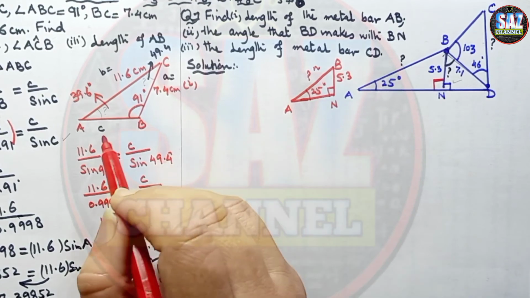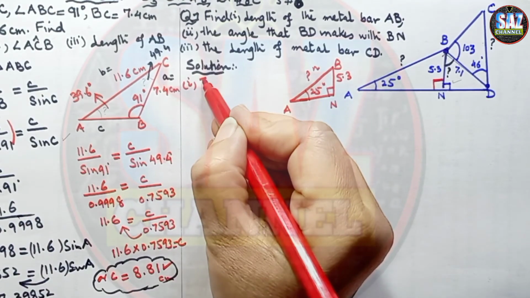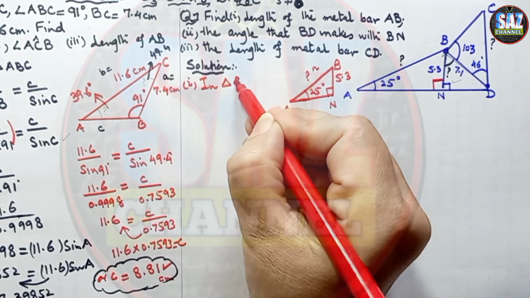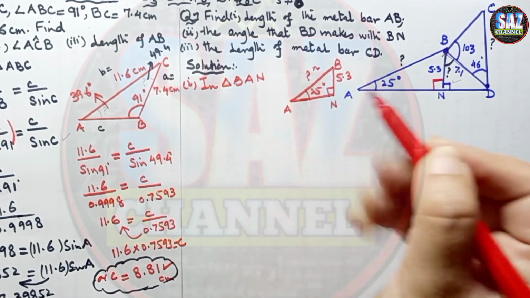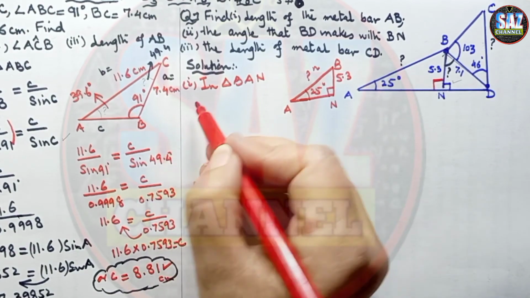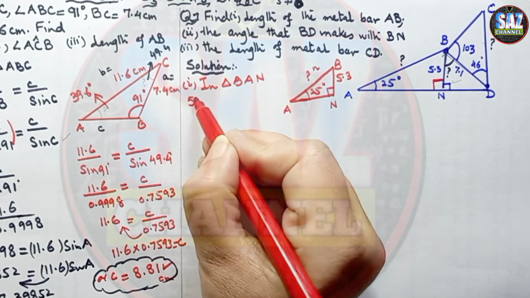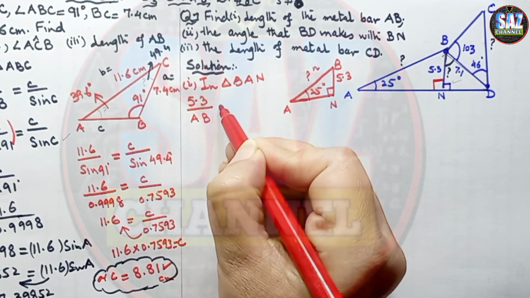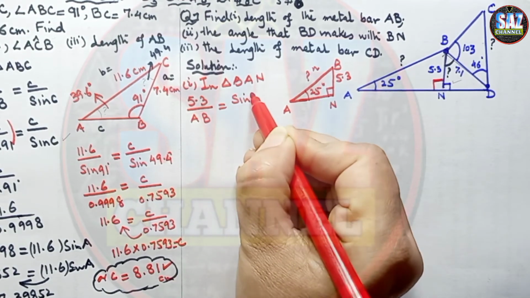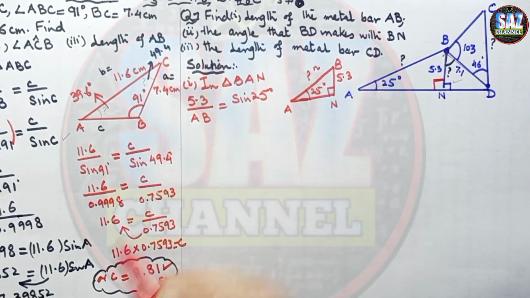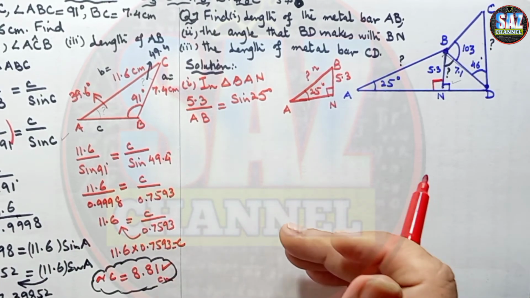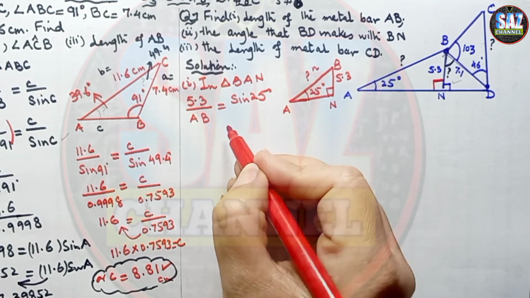So that is sine. So in triangle BAN, opposite upon hypotenuse, 5.3 upon AB equals to sine 25 degrees. Let me check the value of sine 25 with calculator, and this is 0.4226.